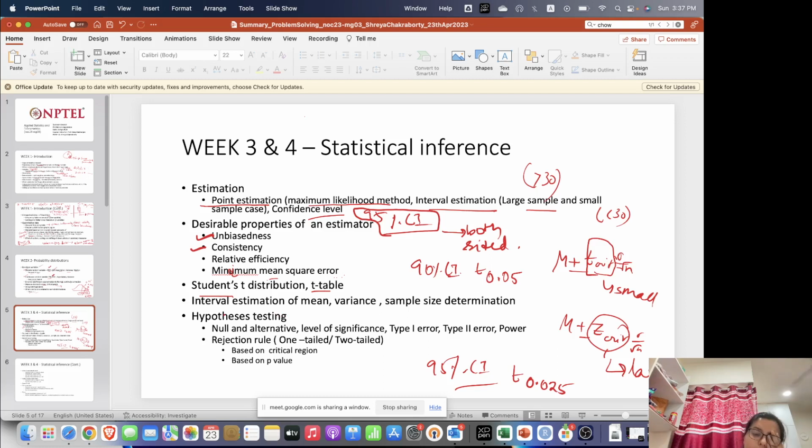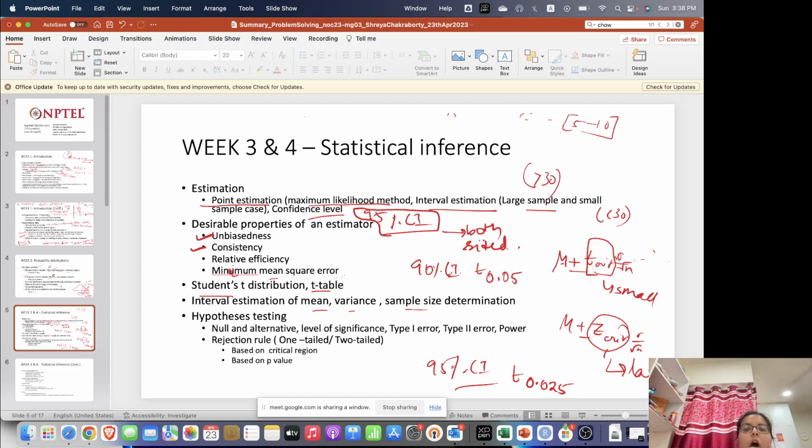And we learned a few things on the estimation of mean, variance and sample size determination, because if we have the probability around this equal to something, say the 95% confidence interval is 5 to 10, we can equate this with 5 and 10, and if we know the values of mu and sigma, we can get n by equating these two things.